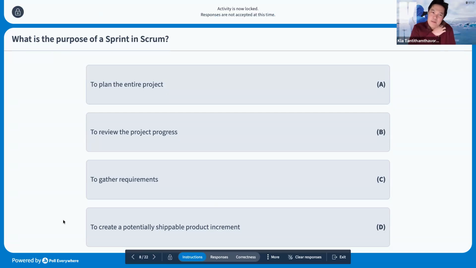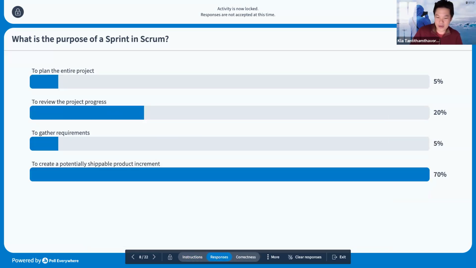To plan the entire project? No, a sprint is just 1 week or 2 weeks. To review the project progress? Not really. To gather the requirements? Normally the product owner needs to gather the requirements from the beginning. A sprint is really about when you start developing something already. So, to create a potentially shippable product increment. That's correct, that's the purpose of the sprint. All right, 70%. Well done.